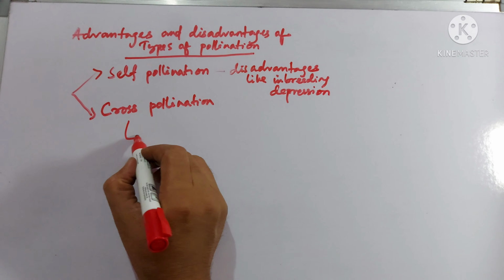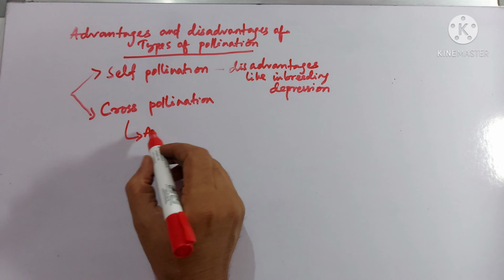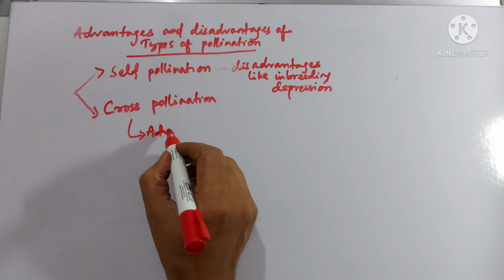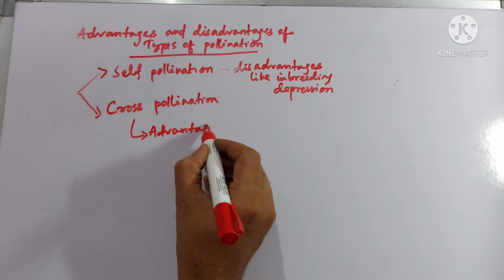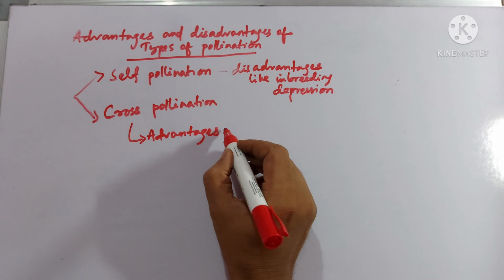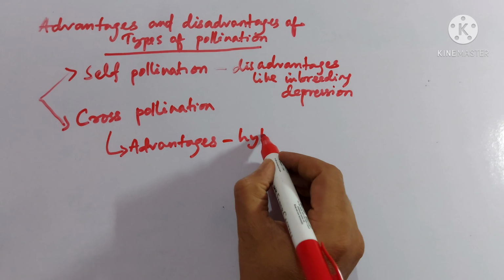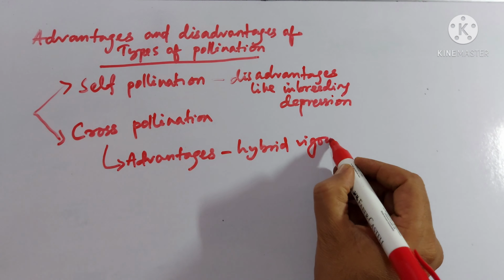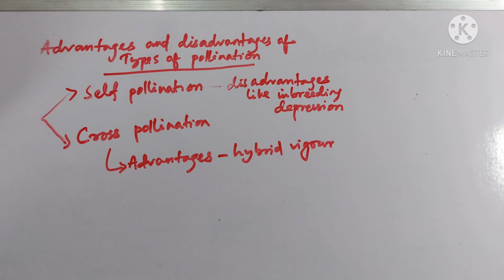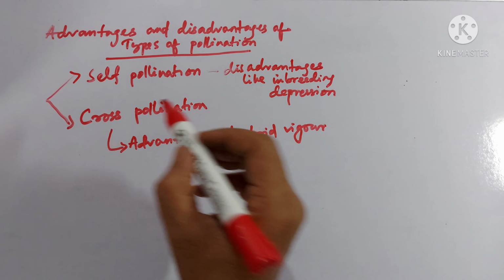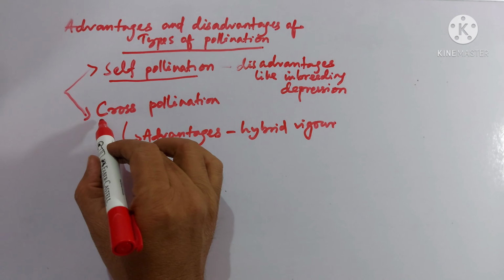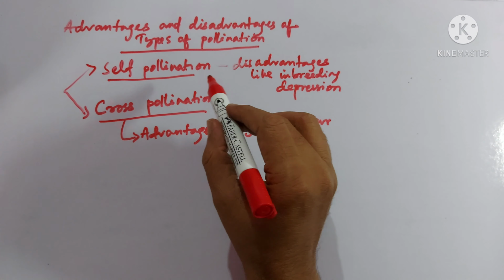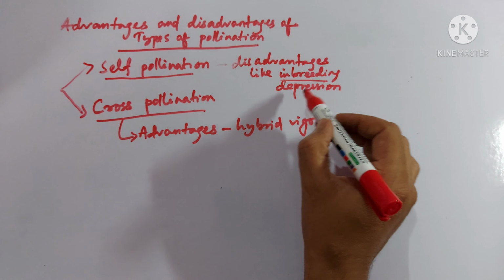But cross pollination has maximum advantages like hybrid vigor. So self pollination and cross pollination, the self pollination has inbreeding depression.